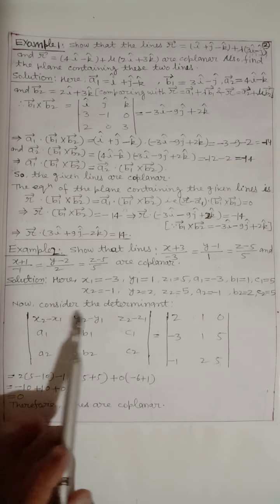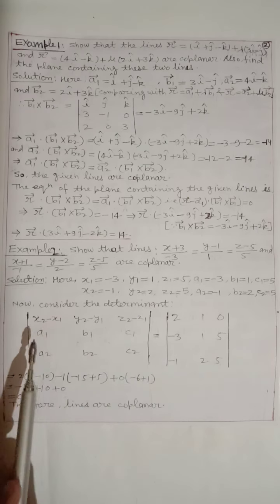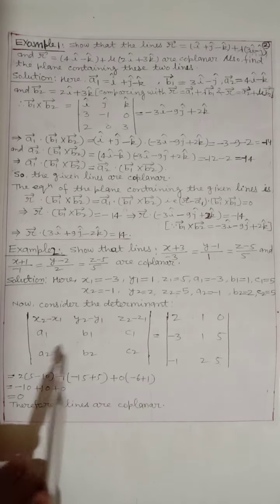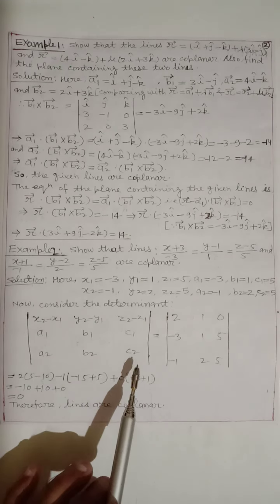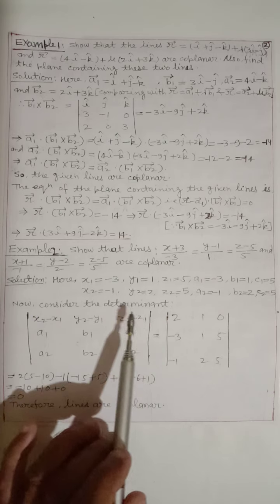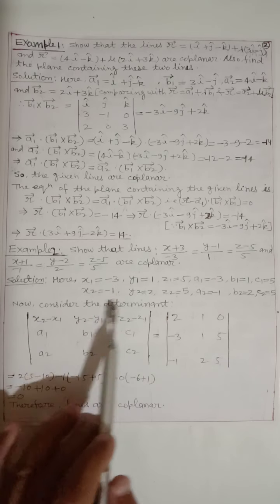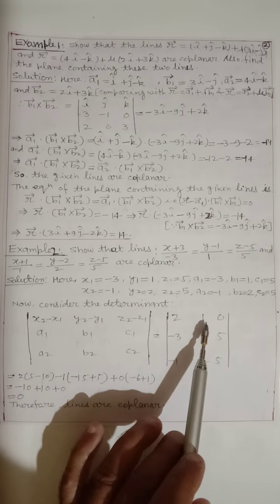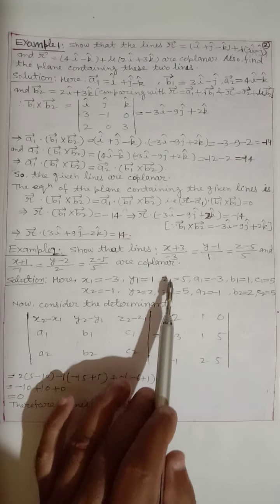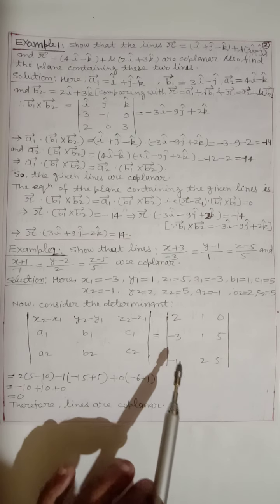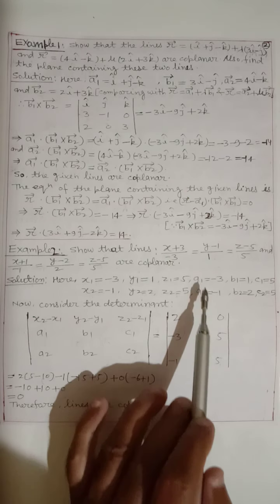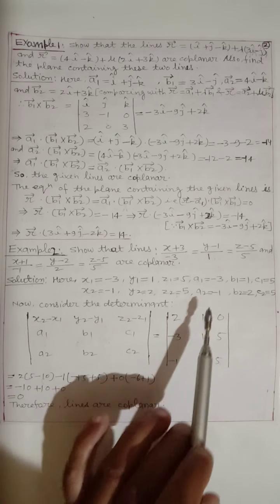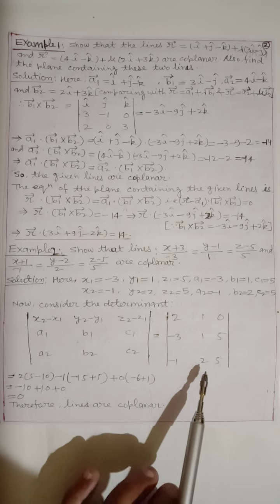Now consider the determinant: x2 minus x1, y2 minus y1, z2 minus z1, a1 b1 c1, a2 b2 c2. Here x2 minus x1 gives 2, y2 minus y1 gives 1, z2 minus z1 gives 0, a1 b1 c1 is minus 3, 1, 5, a2 b2 c2 is minus 1, 2, 5.